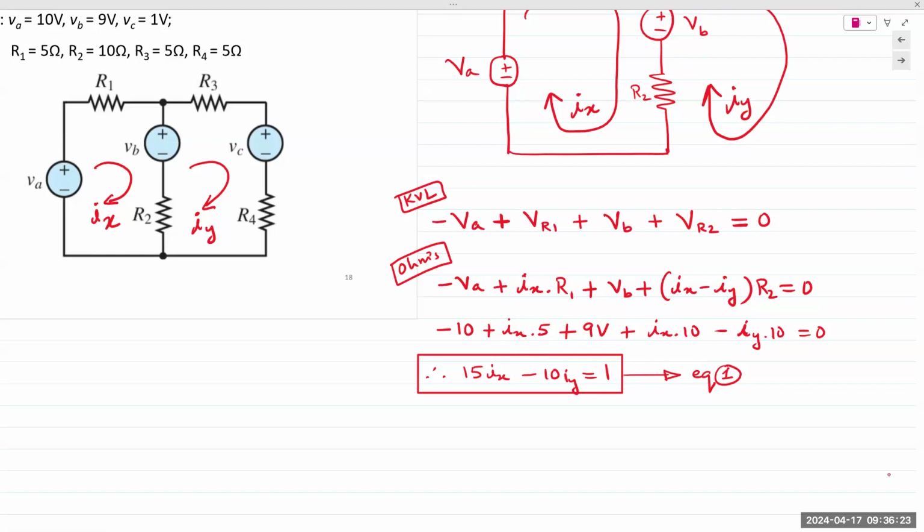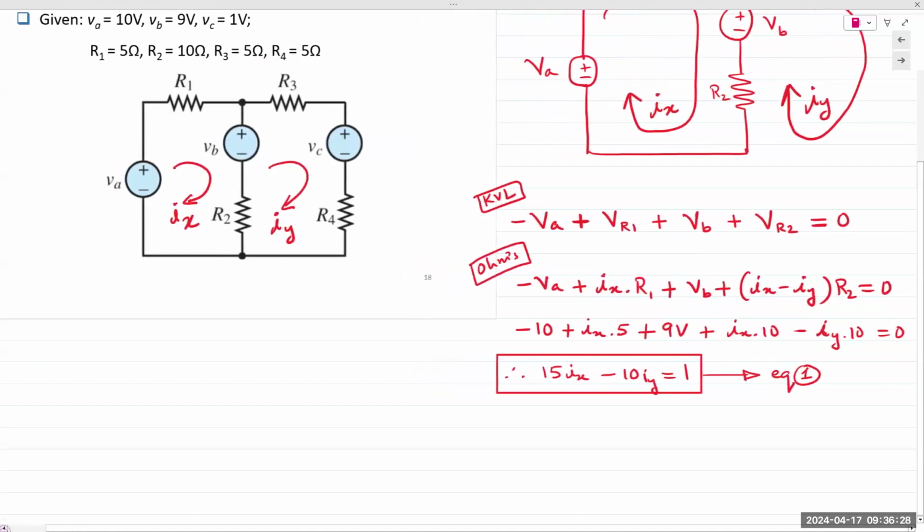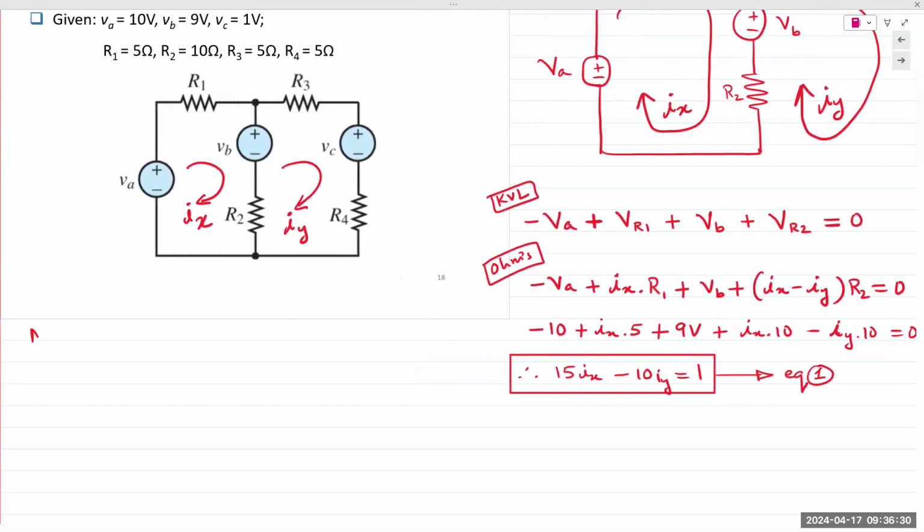All right. So then let's go to mesh 2 on the left. Mesh 2. We apply KVL to, this is a slightly bigger circuit.